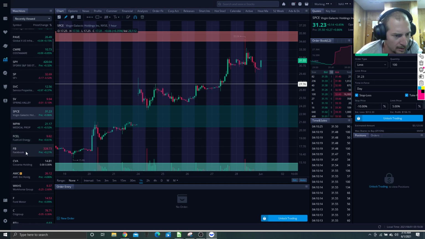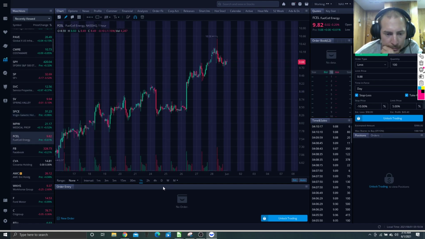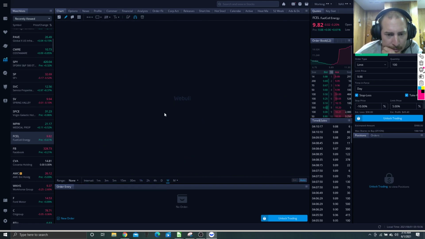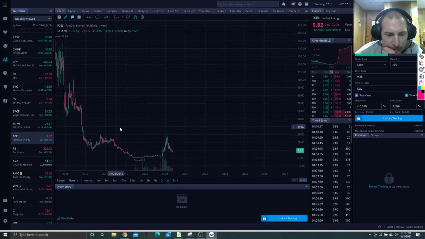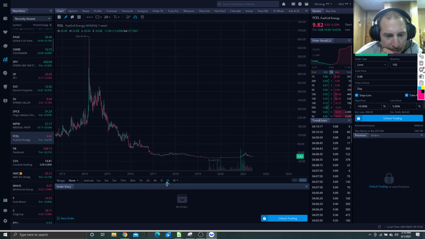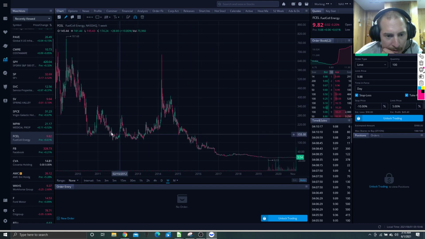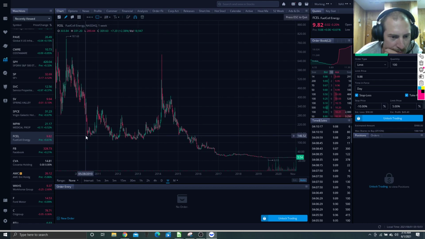Let's go look at fuel cell here, right? So once again, we'll start on our weekly chart. And I'm not going to color code these. So we are on a weekly chart of fuel cell now. Here is a lot of price action, so we can just enclose this.